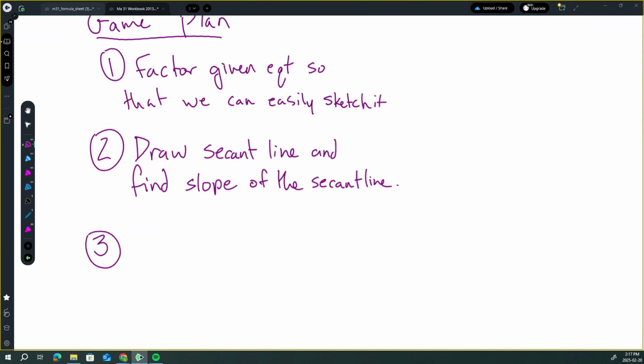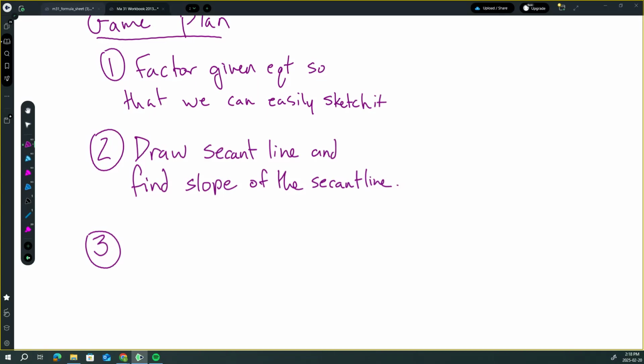Okay. Now for step 3, we're going to approach point P from both the left and right hand side of point P so that we can help determine the slope.